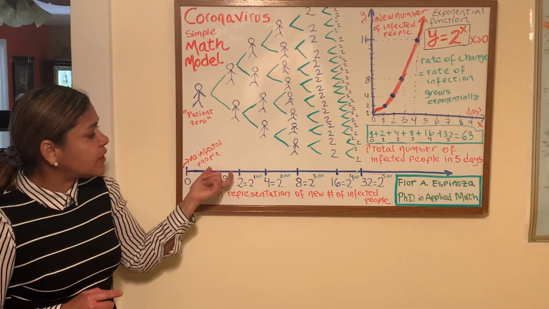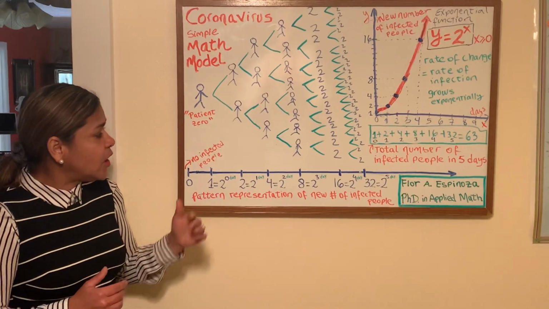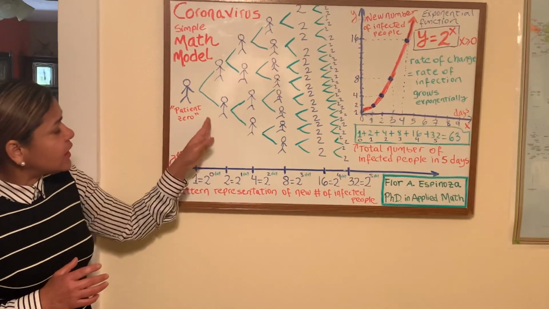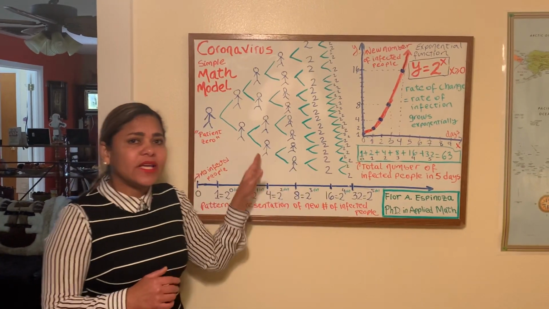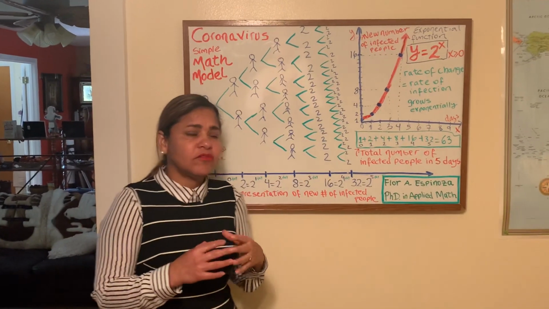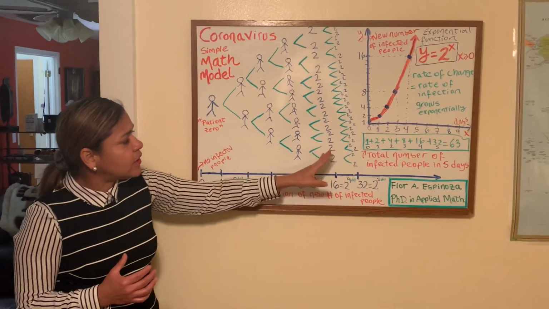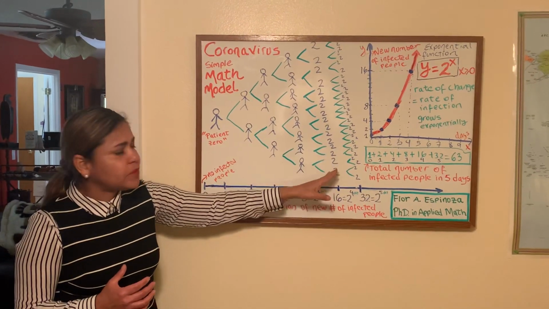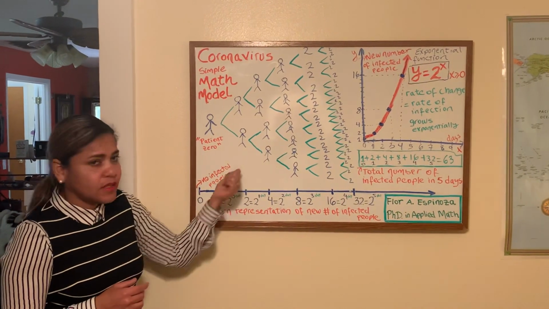And if we are recording this new number of infected people per day, we can notice that the new number of infected people is doubling each day. So this is a characteristic of an exponential growth because the new number of reported infected people is growing pretty fast, in this case doubling its number.